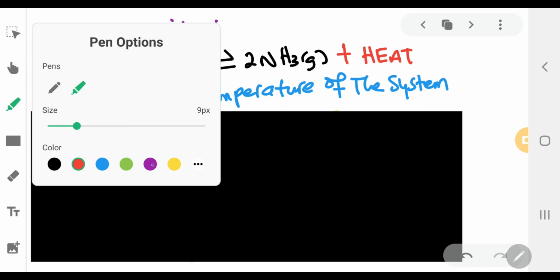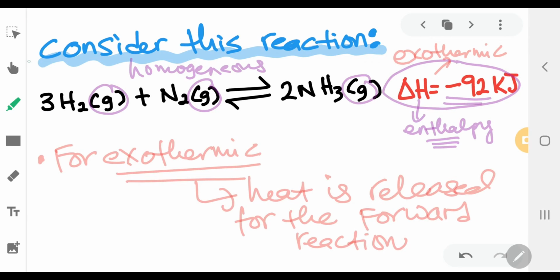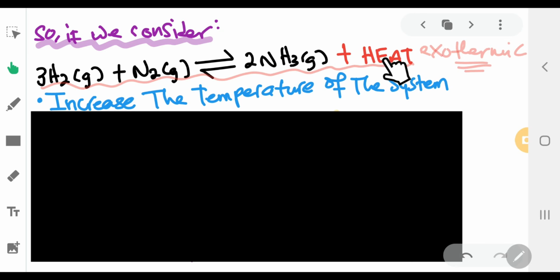Just now we have considered that this whole thing over here is exothermic. And how do we know that? From the value of enthalpy given to you in exams or in the question. So when the reaction is exothermic, heat will be released in the forward reaction as part of the product.